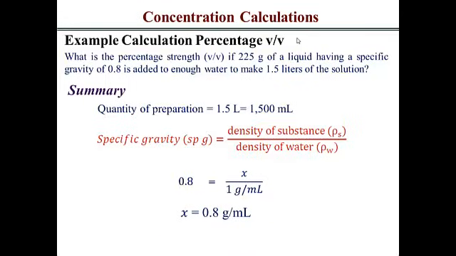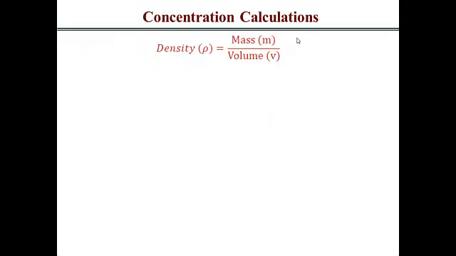constituent. So from there, we can connect the density information that we just obtained to the volume using the density relationship, where your density of a substance is the mass divided by volume. Okay, so we have 0.8 grams per milliliter, which we just calculated, and that should be equal to the mass, which was given, 225 grams, divided by a certain specified volume, which at this point in time is unknown and represented as x.